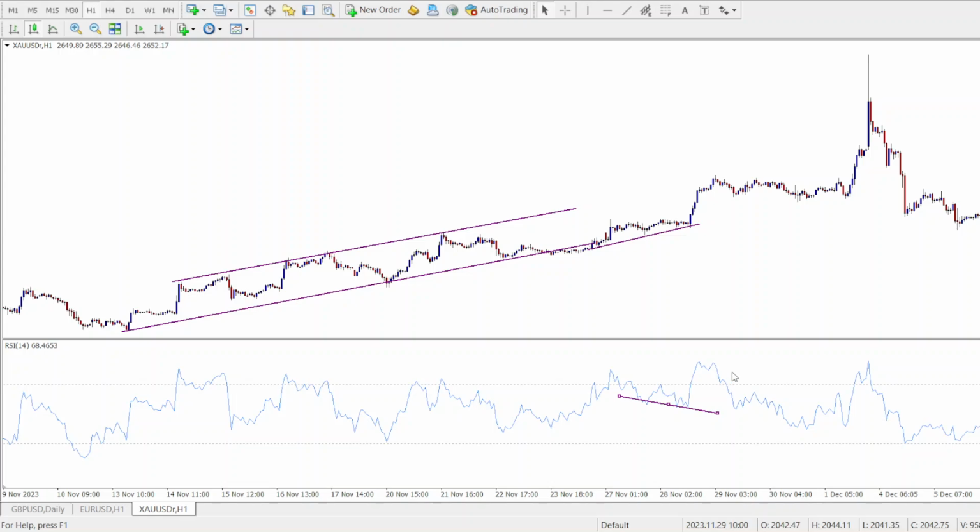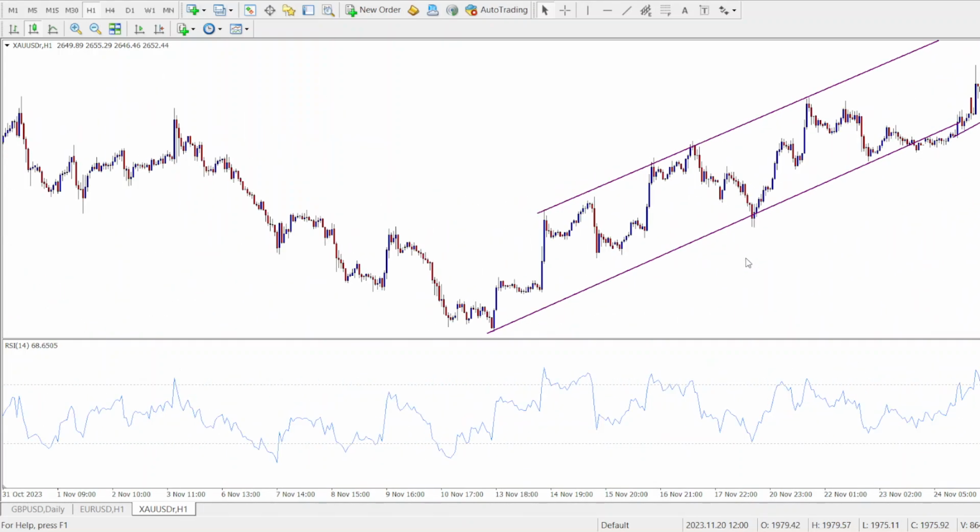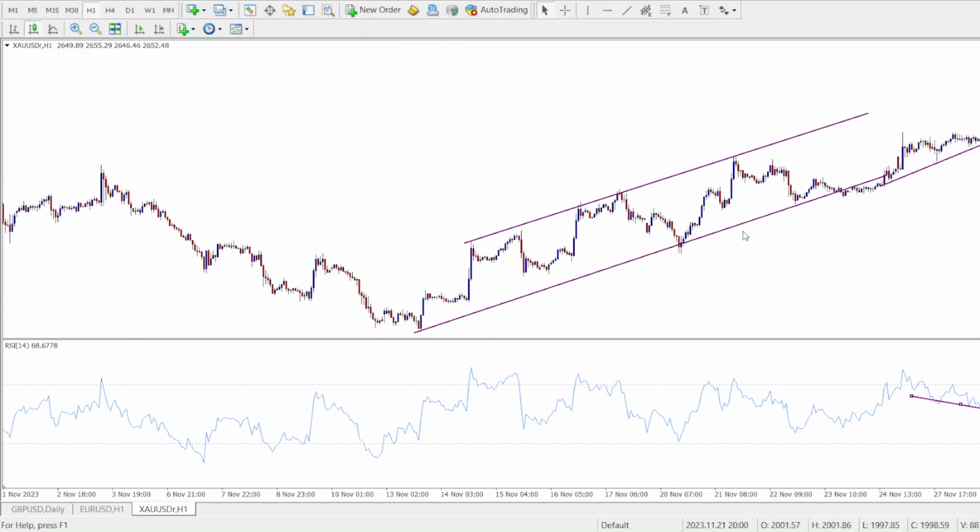Now we are going to be looking at what to do when you spot the bullish hidden divergence. So once you spot a bullish hidden divergence, you can anticipate the uptrend to continue, right? The point at which the price forms the higher low and RSI forms the lower low is an ideal time to prepare for a potential entry.